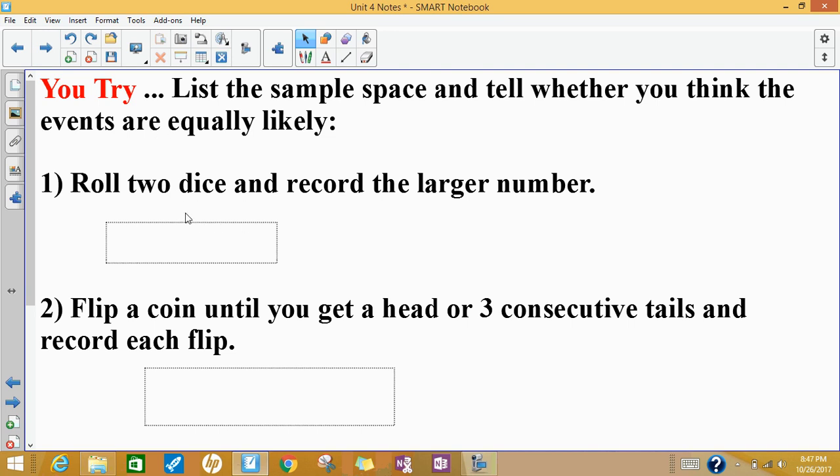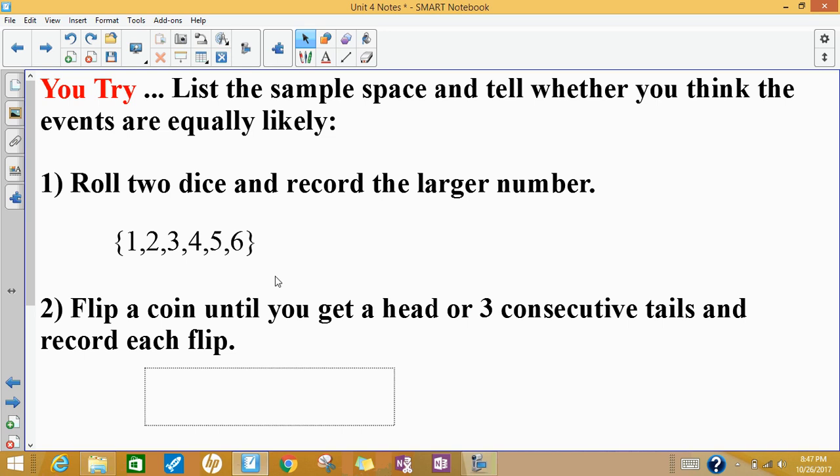So when I roll 2 dice with 6 sides each, and I record the larger of the 2 numbers that lands on top, I have 6 possibilities of the number that can be largest. I could have a 6, a 5, a 4, a 3, a 2, and a 1. The way that 1 would be the largest is if they were both 1 when they landed.